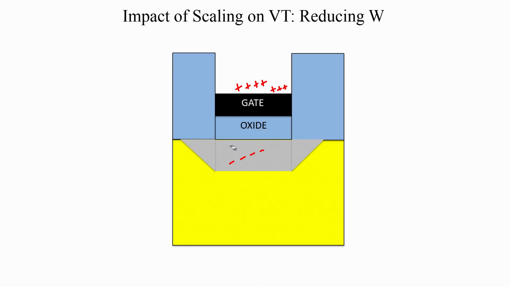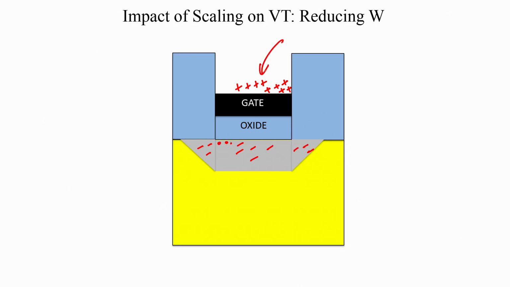But now whatever charge is being added is also compensated for by these regions on the sides. So I still need to add more charge, and once again that is also compensated for, and only when you add a lot more charge will the depletion region finally be fully depleted and then allow inversion.